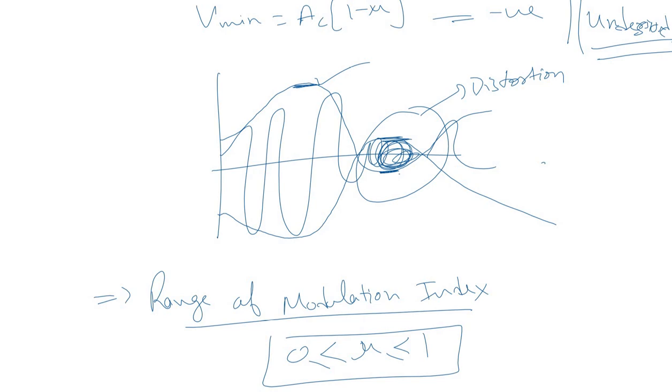Mu equal to 0 obviously means there is no modulation at all, so we can exclude that part. Although mu can be more than 1, that is an undesired scenario because it will lead to a distorted version of the modulated signal. Hence the desired range of the modulation index is from 0 to 1.